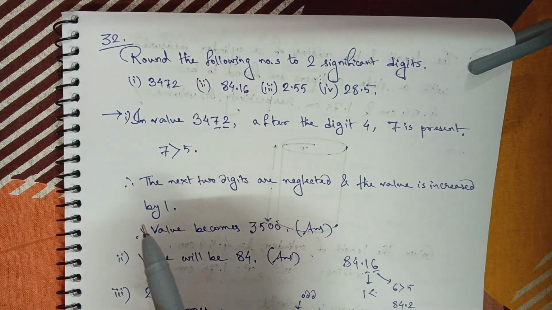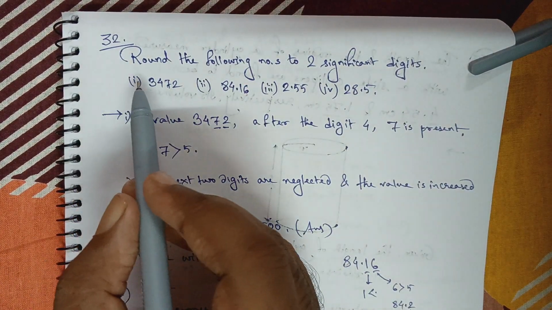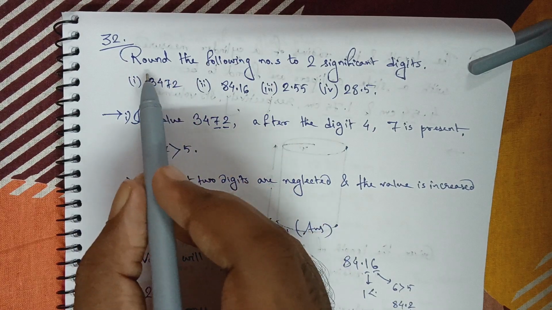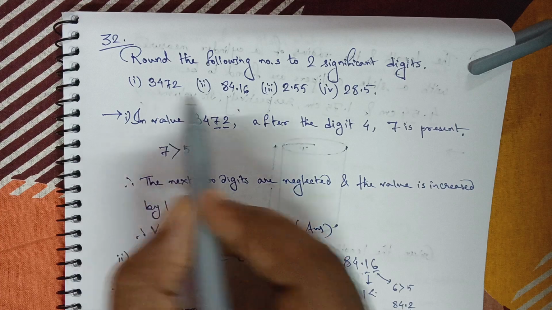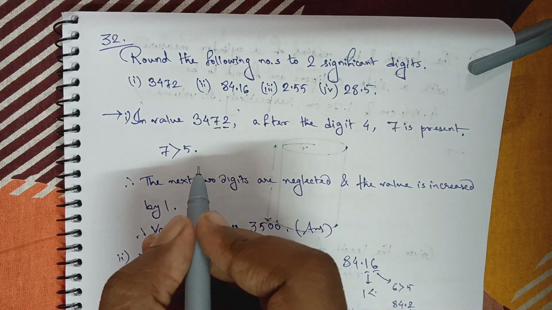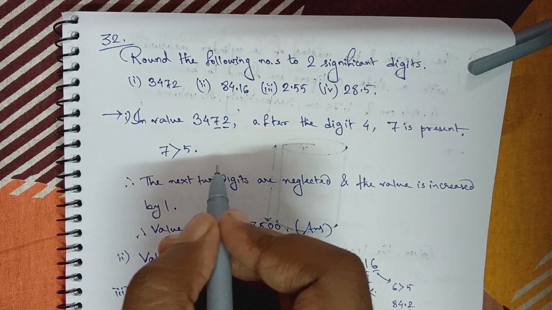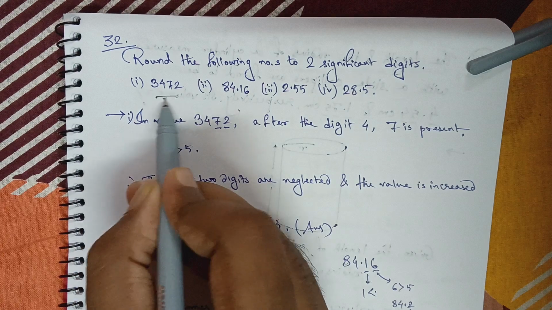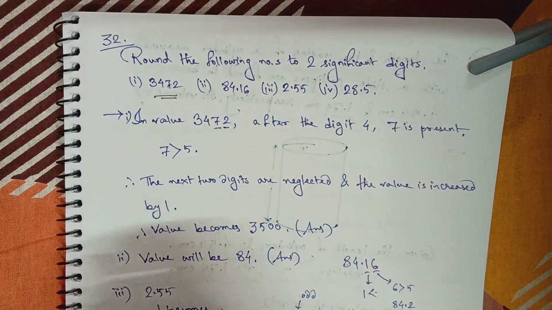Now let's move on to question number 32. It asks us to round off the following numbers to 2 significant digits. Here the first number is 3472.